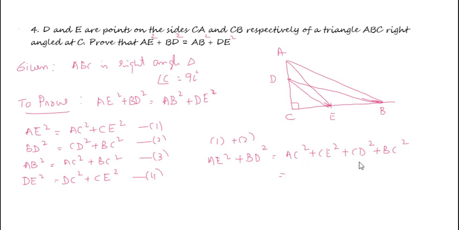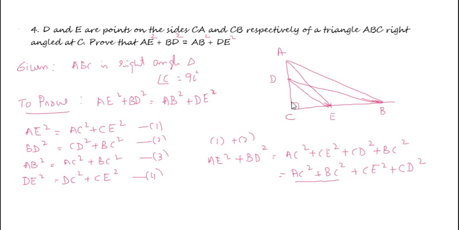Let us write AC square and BC square together. AC square plus BC square plus then CE square plus CD square.